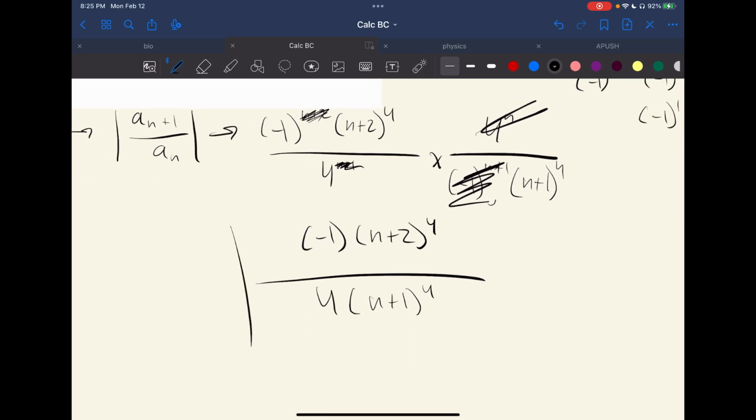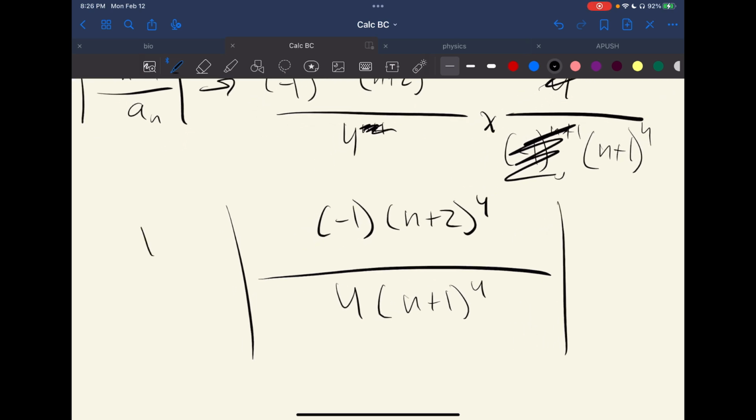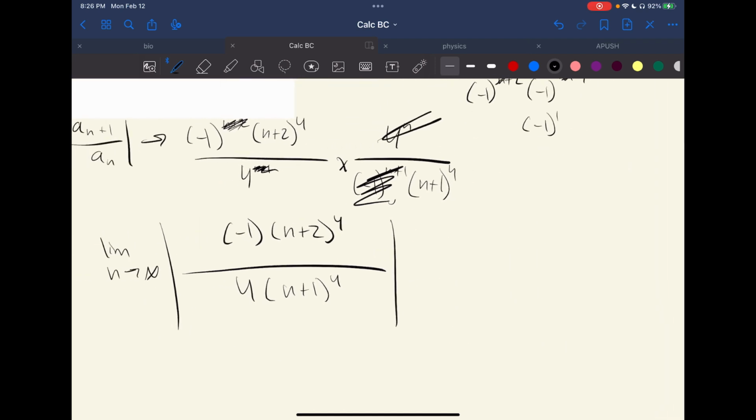Again, this is all absolute value. And then we're going to do the limit as n approaches infinity of this, okay? So if this is an absolute value, then that negative 1 is just going to become a 1. So all we have is (n plus 2) to the 4 over 4 times (n plus 1) to the 4, okay?